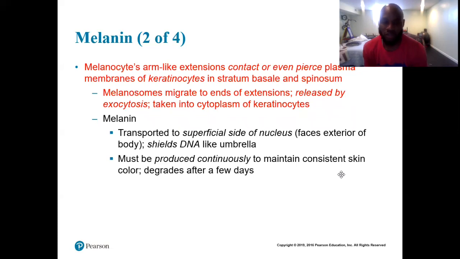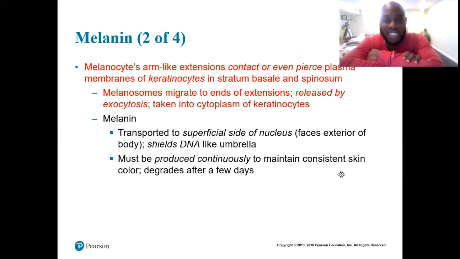We're going to talk about, you'll see in the next slide, the structure of the melanocyte. It's almost like tentacles. Think of an octopus shape, because it can pierce the plasma membranes of the neighboring keratinocytes in the stratum basale and stratum spinosum.